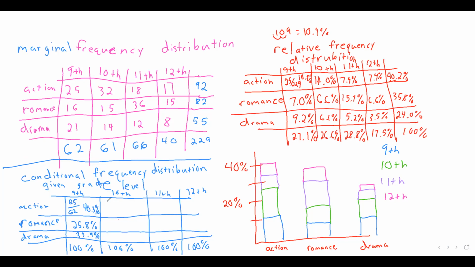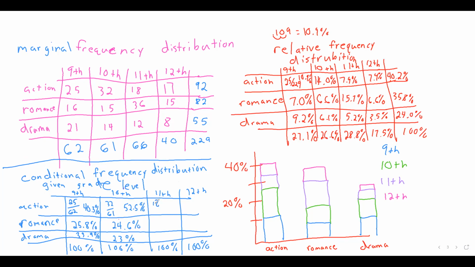Tenth here, I'm going to do 32 divided by my total 10th, which is 61, giving me 52.5%. 15 divided by 61 goes in my next box. 24.6. My last box, 23%, 14 divided by 61.